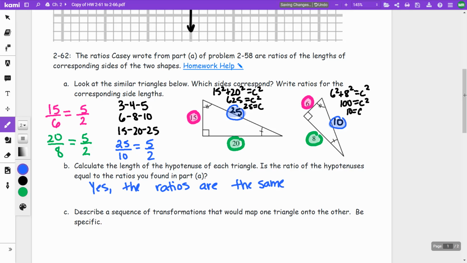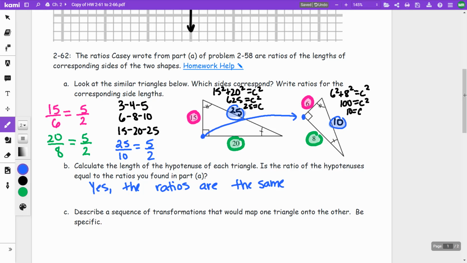Describe a sequence of rigid transformations, a sequence of transformations. The word there is not rigid because these are not congruent, that map one triangle onto the other. Okay, be specific. So what I'm going to do, probably the easiest way to do this, is I'm going to move the 90-degree angle of the bigger triangle. Okay, I'm going to translate it to the right angle in the other triangle.